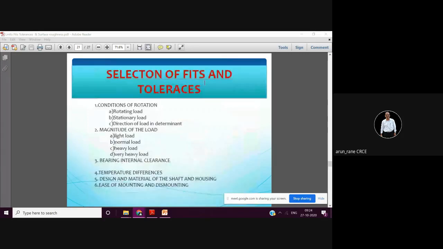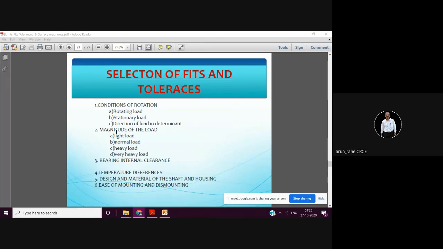So the selection of fits and tolerances will depend upon the conditions of rotation. That will include how much is the rotating load, how much is the stationary load, and what is the direction of the load. That is in positive x direction, in negative x direction, or in positive y, that is called the radial direction, or the transverse load, or whether it is in both directions, so that you will have to consider the effective load.